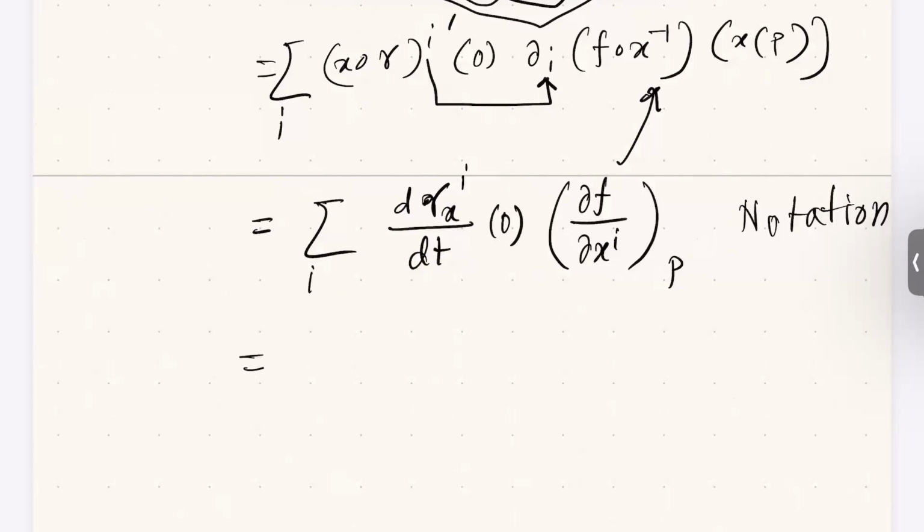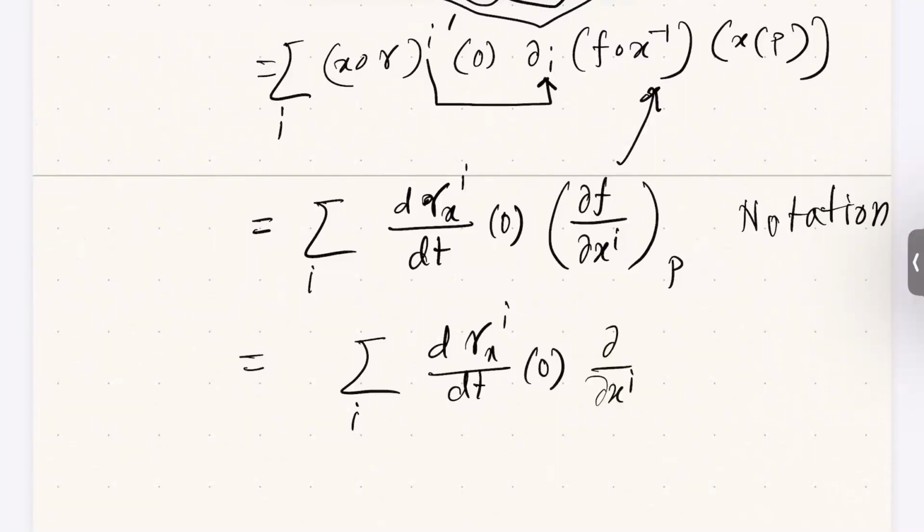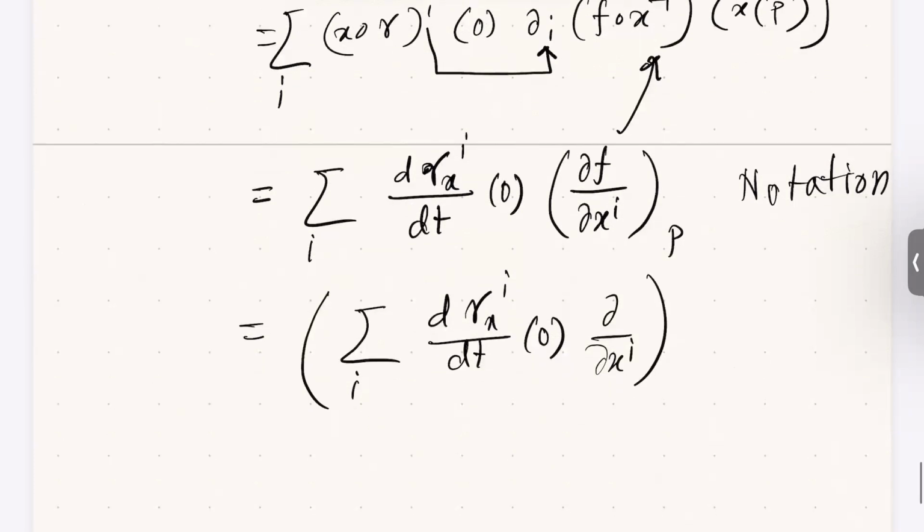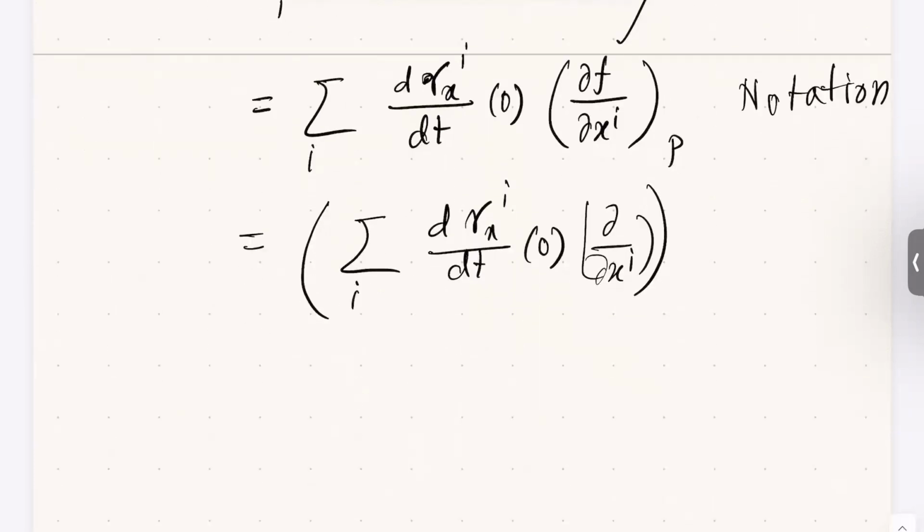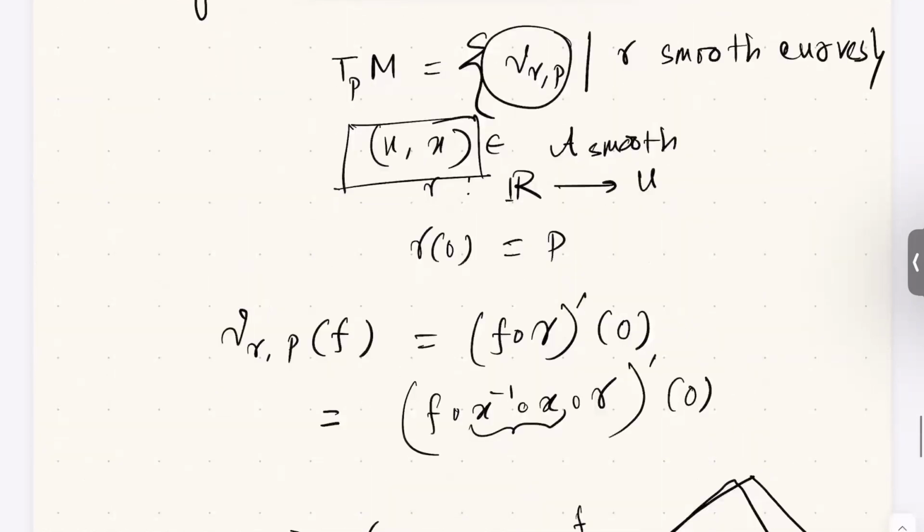Okay, then I can just consider the sum over i of dγ^i_x/dt at the point 0 times ∂/∂x^i, this whole thing at the point p, acting on the function f. Right? But we started with this.